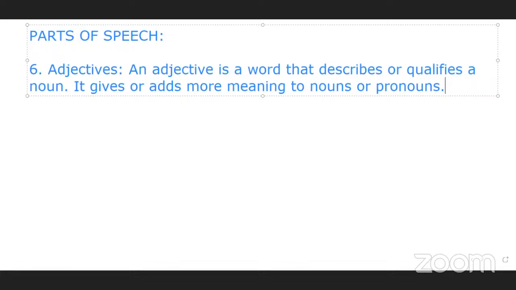Your line is a little bit faint. Can you please position yourself well? Qualify the pronoun as well. Oh, okay. Can you hear now? Now it's okay. Is it better? All right.